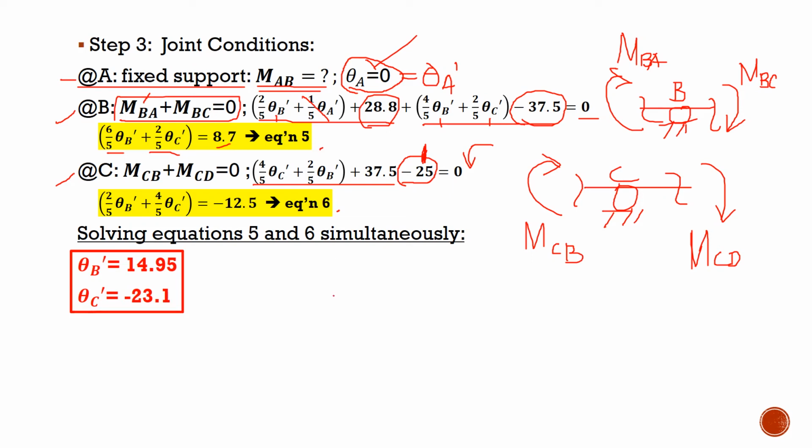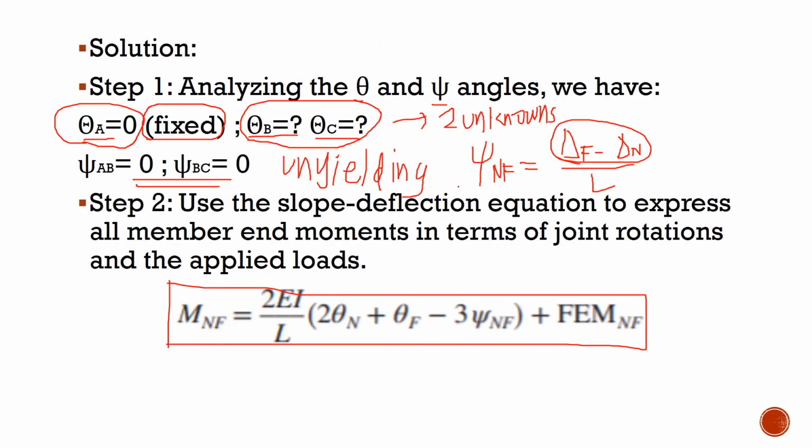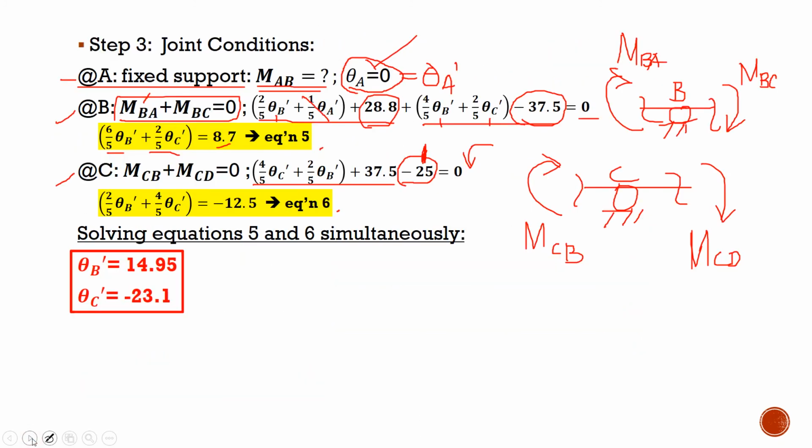Now, recalling step 1, we saw that we have two unknowns, theta B and theta C. So in the joint equations, or joint conditions, we should form two equations, which is correct, since we formed two here: equation 5 and equation 6.